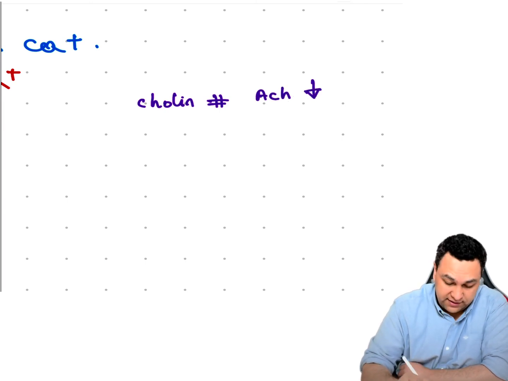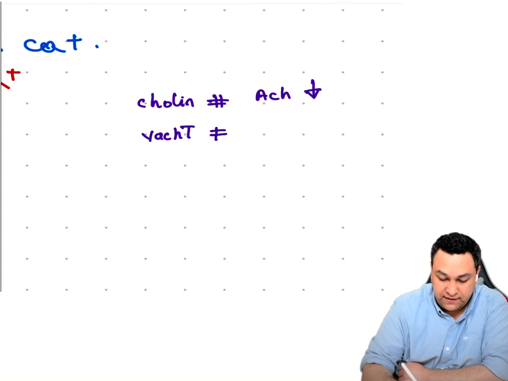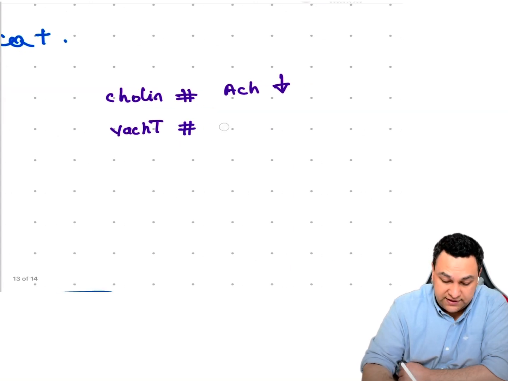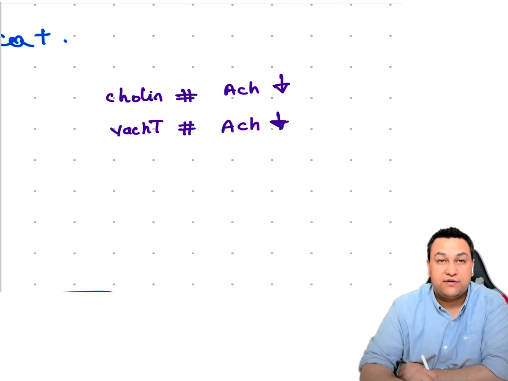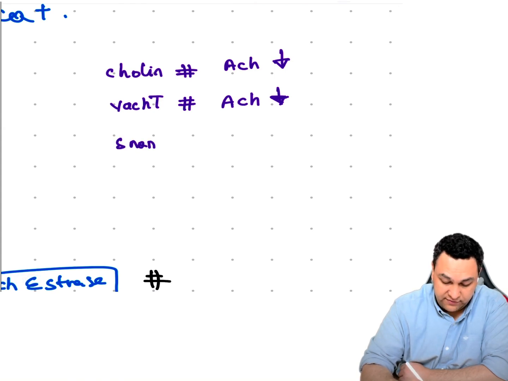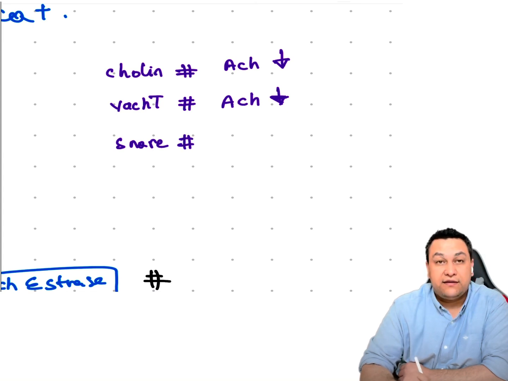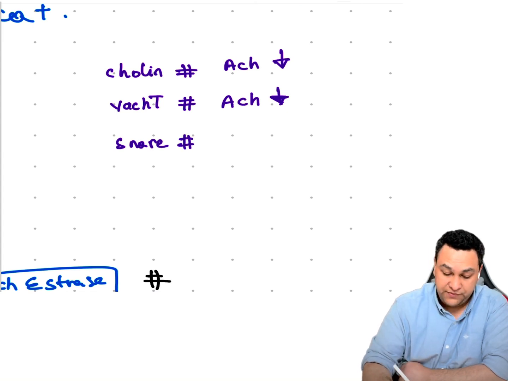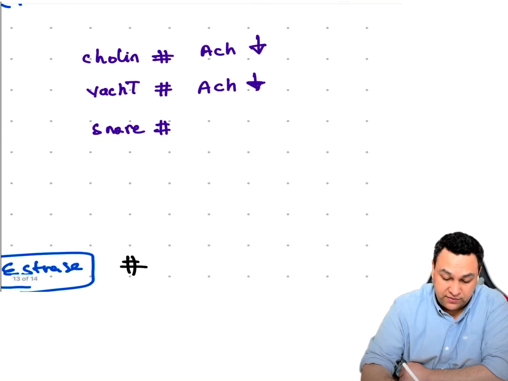If we block the vesicular acetylcholine transporter, again the acetylcholine storage will decrease and the function of acetylcholine decreases. And if we block the SNARE proteins between the vesicle and the neuronal membrane, again the release of acetylcholine will be problematic, so the acetylcholine again decreases.